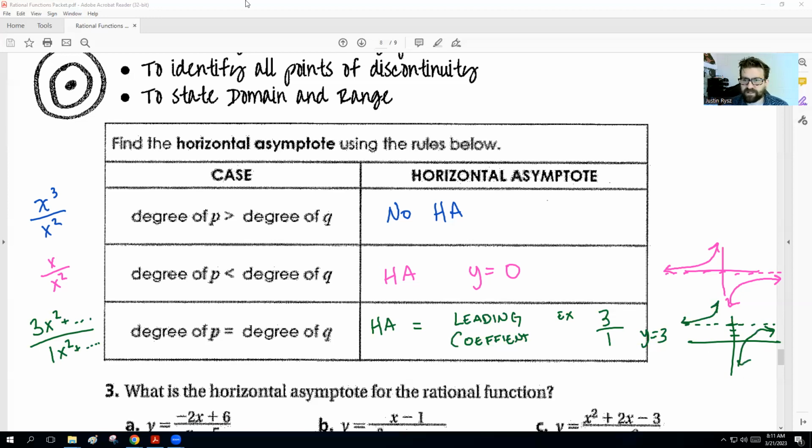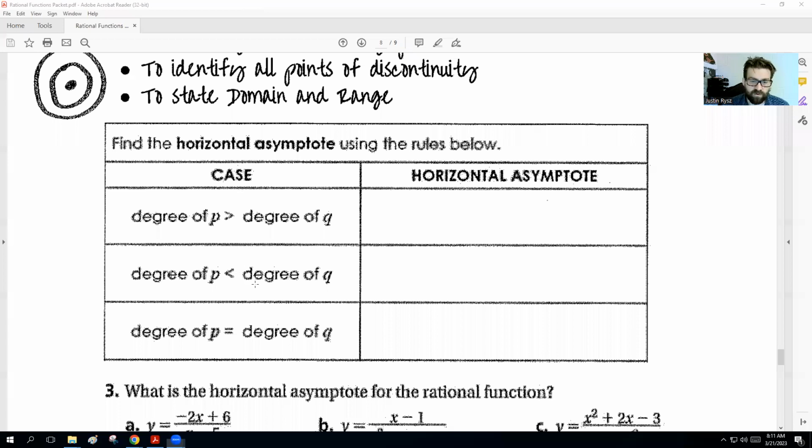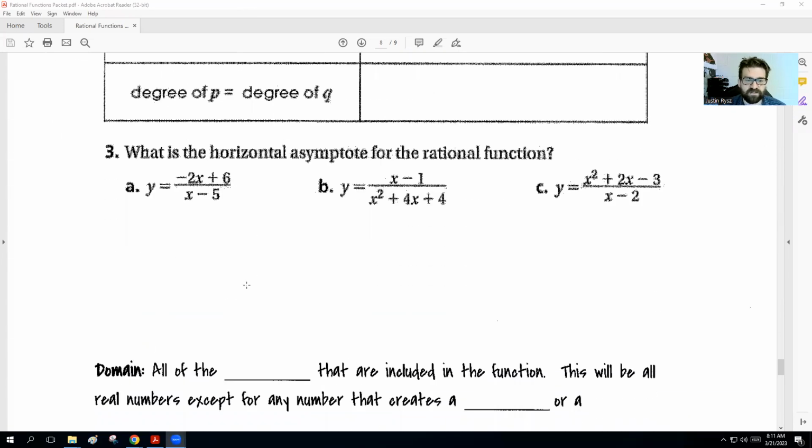So let's go through and see, can we figure out what the horizontal asymptote is for each one of these? If we look here, we've got to look at the degree. The degree here is 1, the degree here is 1. So the degrees are the same, and the leading coefficient is -2 on the top, 1 on the bottom, because that's 1x. And so the horizontal asymptote would be y equals -2.